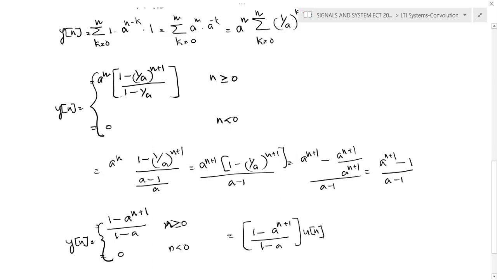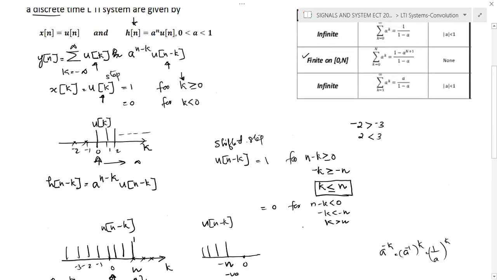Okay, because u of n is a signal which exists for n greater than or equal to 0, and for n less than 0, it's 0. So either you can write it using the limit representation, or simply you can write u of n. So the final answer is 1 minus a raised to n plus 1 by 1 minus a into u of n. Okay. So this is the answer.